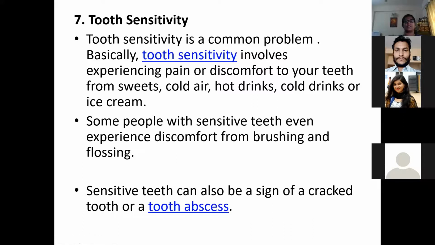If there is tooth sensitivity, you can feel pain or discomfort in the teeth when you are having sweets or when cold air goes through the mouth. Similarly, when people drink hot drinks, cold drinks, or ice cream, there will be pain or discomfort in the teeth. Some people with sensitive teeth even experience discomfort from brushing and flossing. Sensitive teeth can also be a sign of a cracked tooth or tooth abscess.